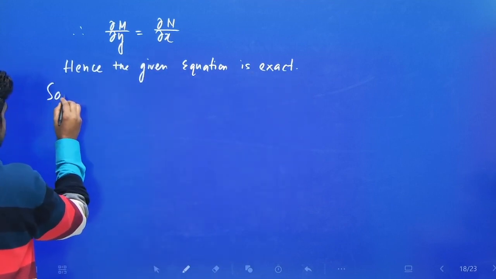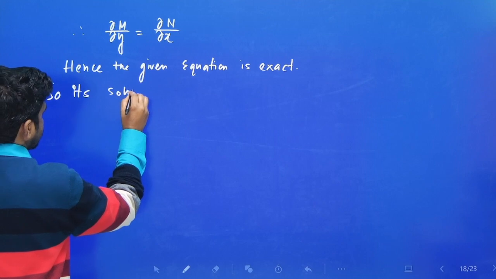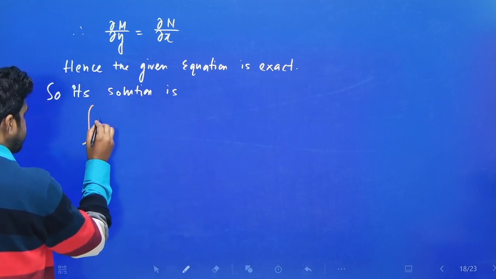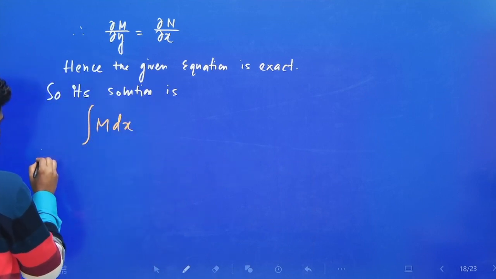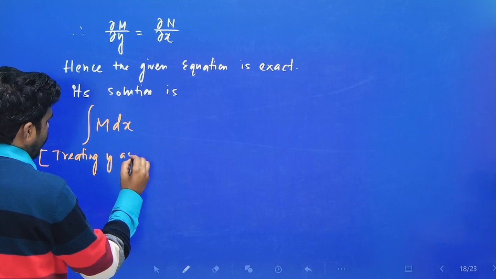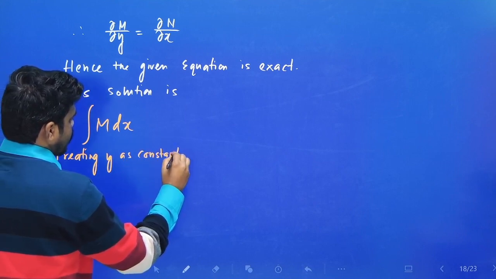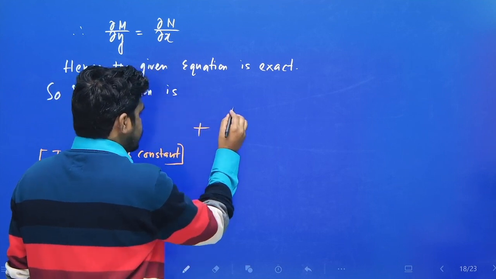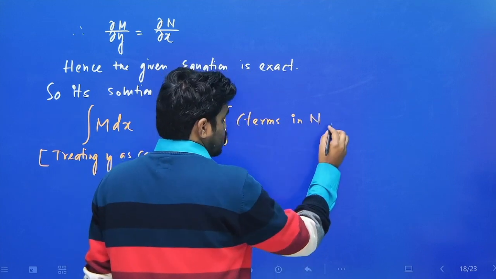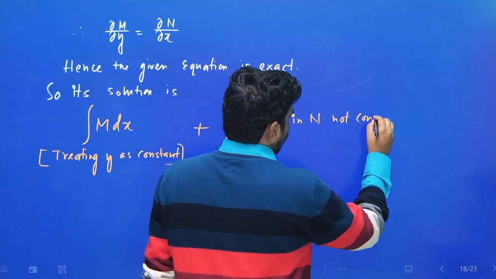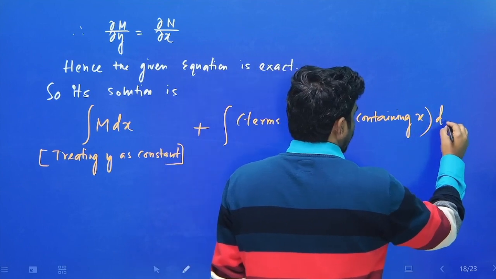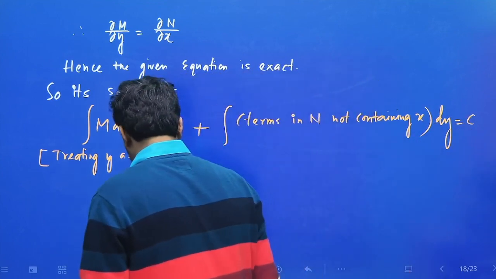So its solution is integration M dx treating y as constant, plus integration of terms in N not containing x, into dy, is equal to c.